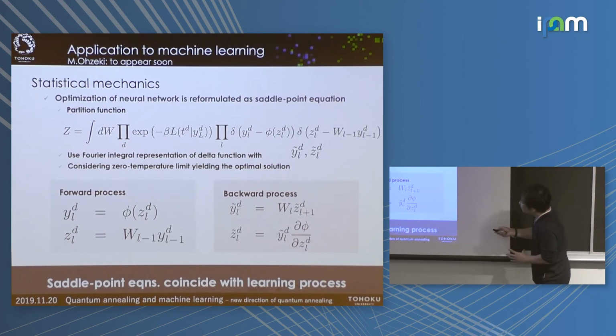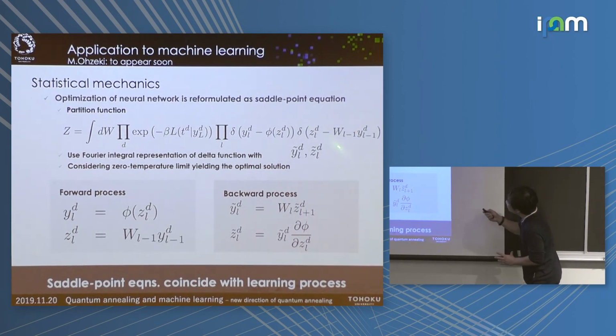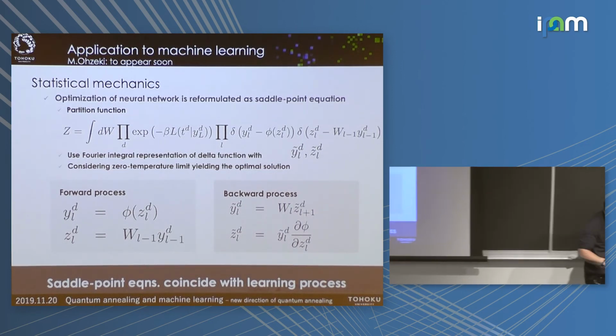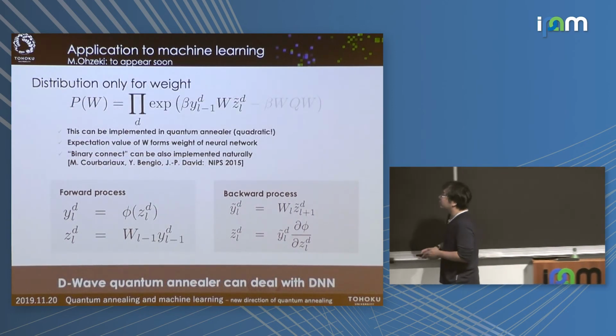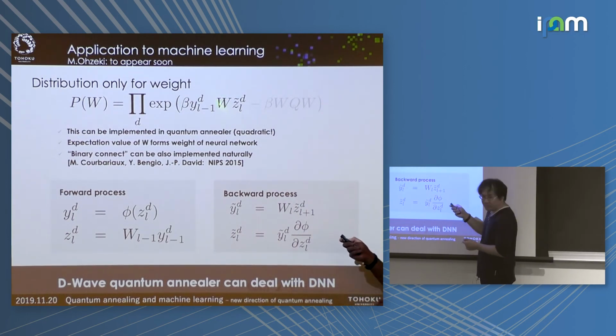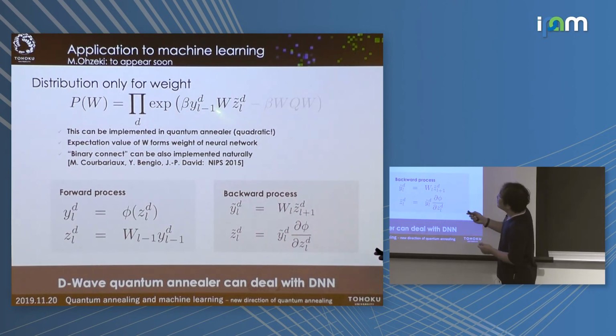Then the system has some distribution function of the weight W. The distribution function can be written by the local field for the W's, with some coefficients determined by the data and by some result of the layers.